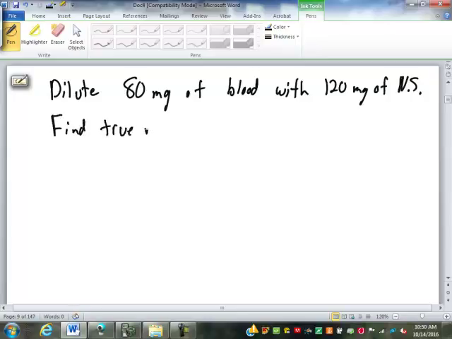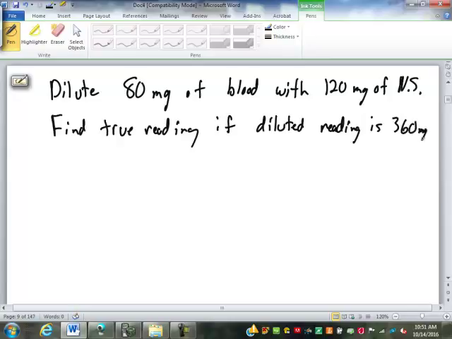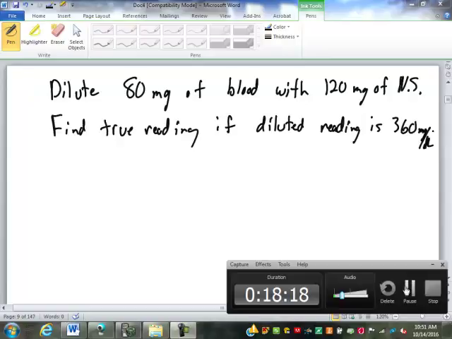Find the true reading if the diluted reading is, let's see here, 360 milligrams per deciliter. I'll pause and give you guys a minute to.